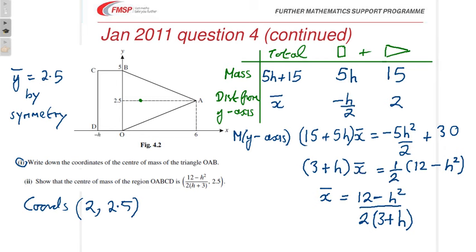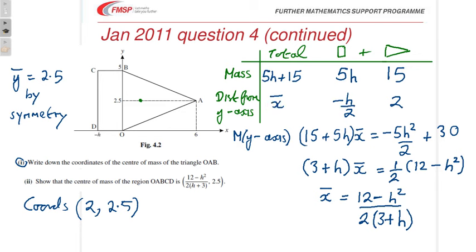Now, to find the centre of mass of the whole thing, we need to make up a table the usual way of masses and distances. In this case, we'll measure distances from the y-axis, to be consistent with the first part, which asks for coordinates. So take a moment to pause the video and check the masses and the distances that I've got in this table.